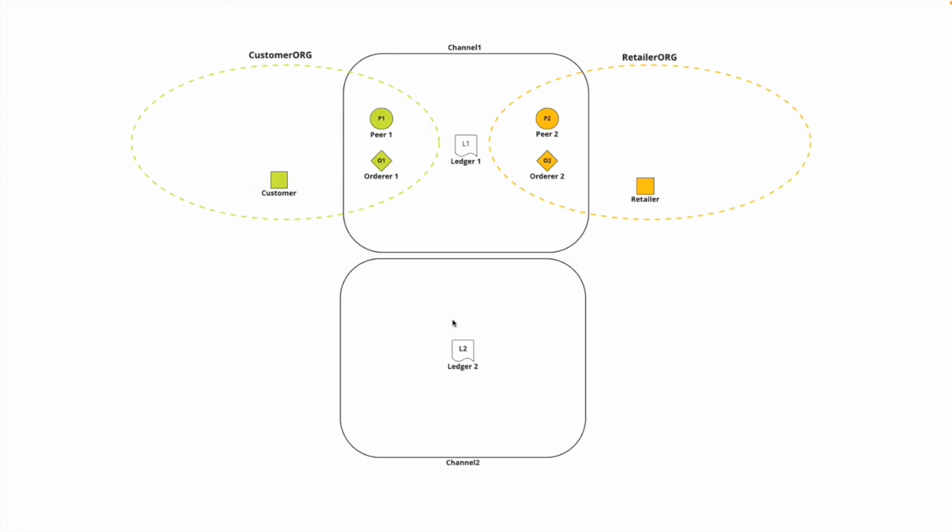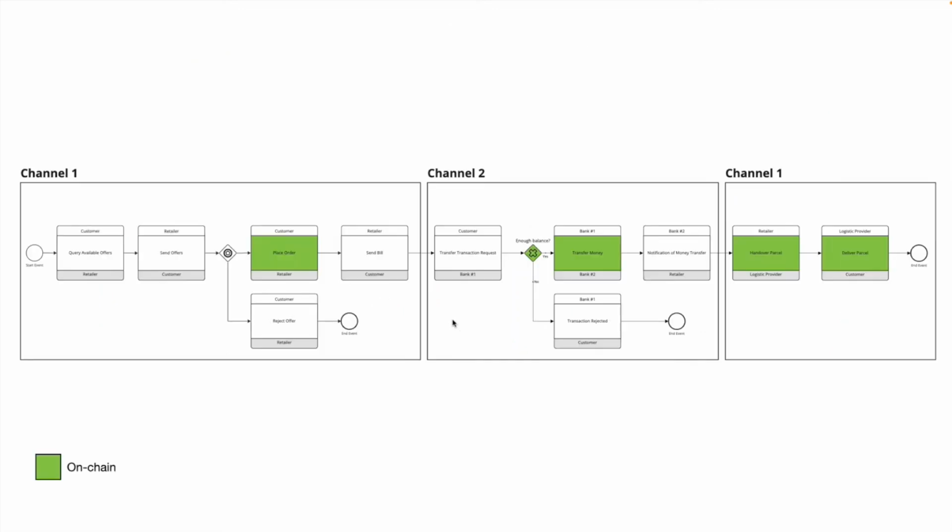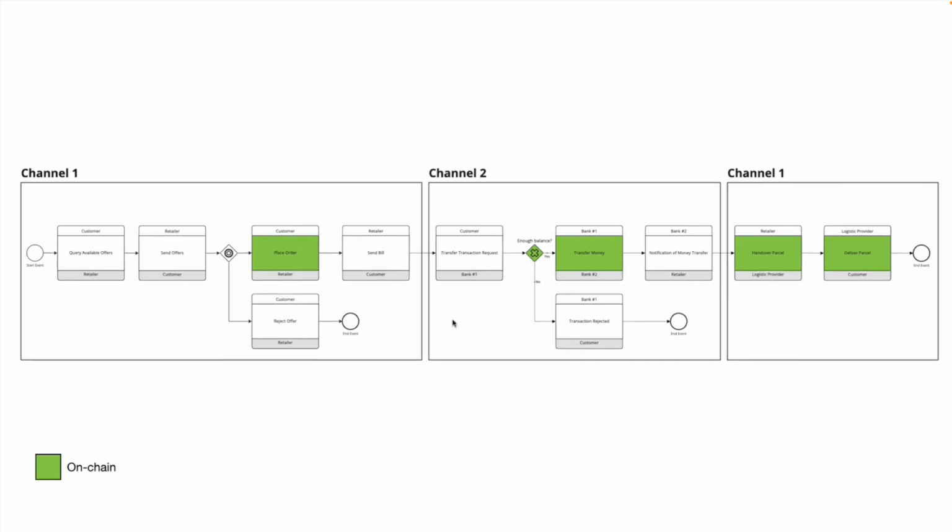We can have a second channel for the banks, and end up with an organization for bank 1 and for bank 2. And now we can see that the customer is a member of both organizations, and also the retailer. So that's how our current choreography looks now.